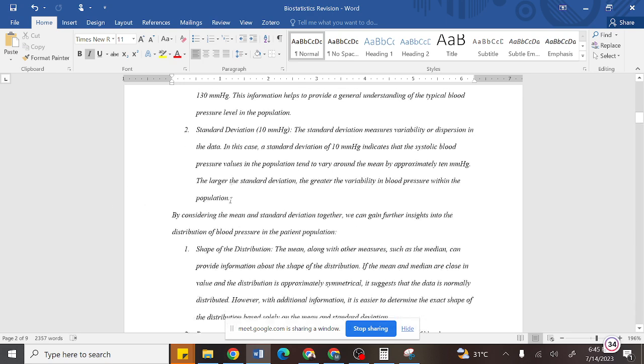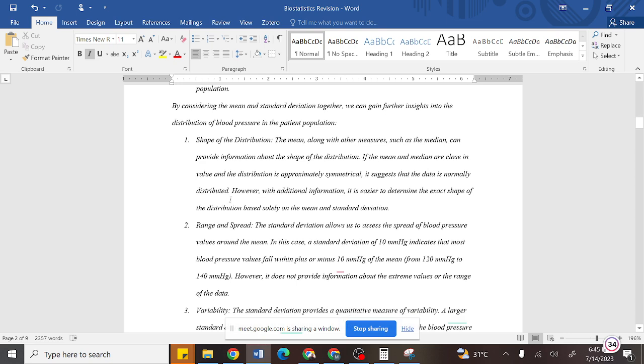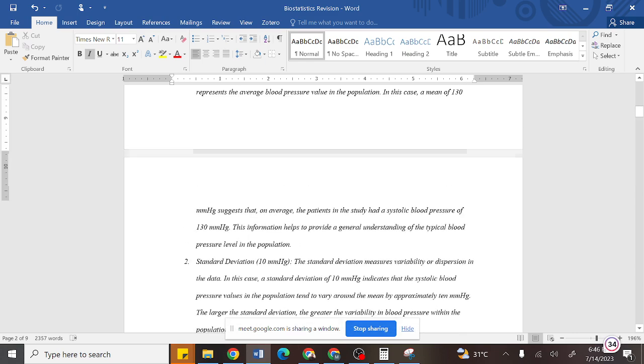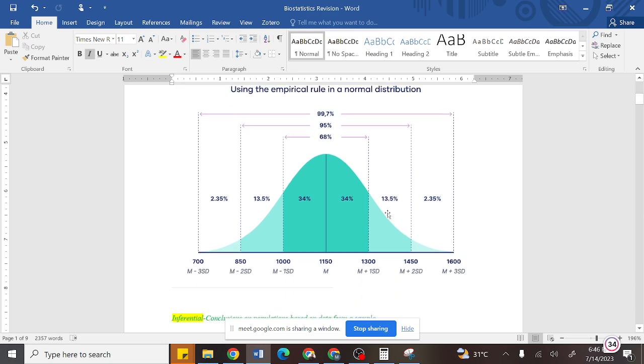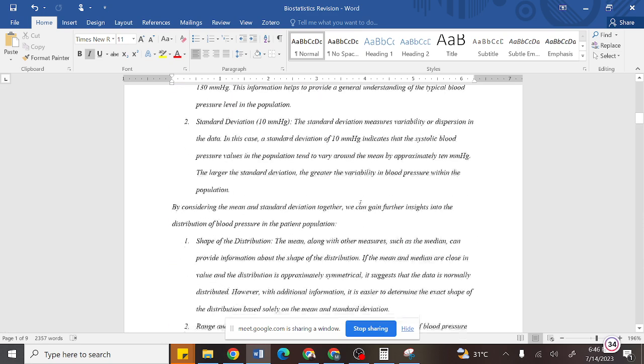So by considering the mean and the standard deviation together, what does it tell us? The mean, along with other measures such as the median, can provide us with information about the shape of the distribution, which we have just looked at here.